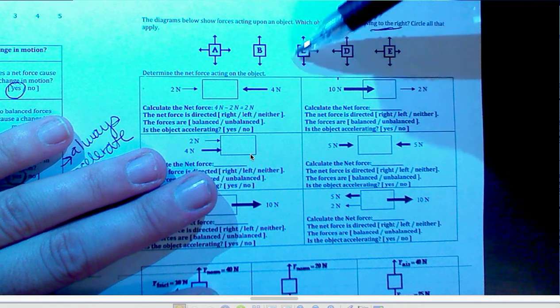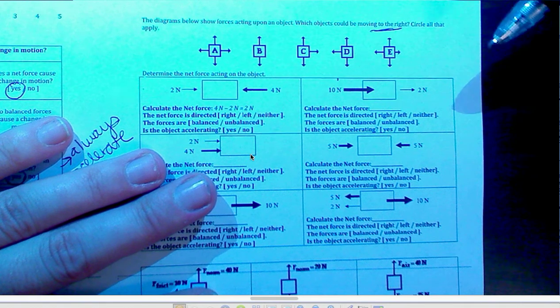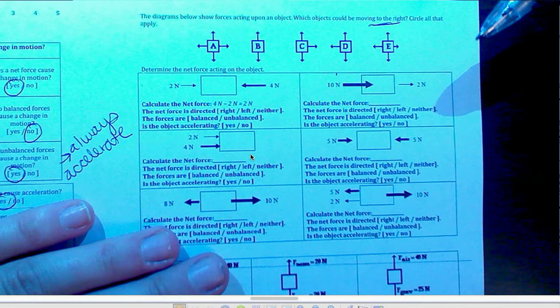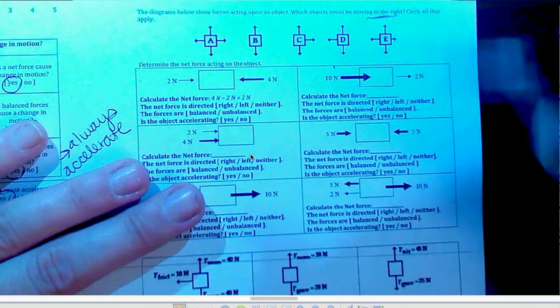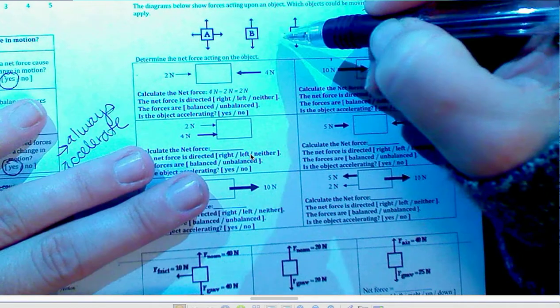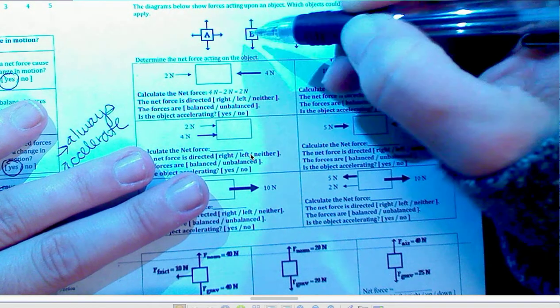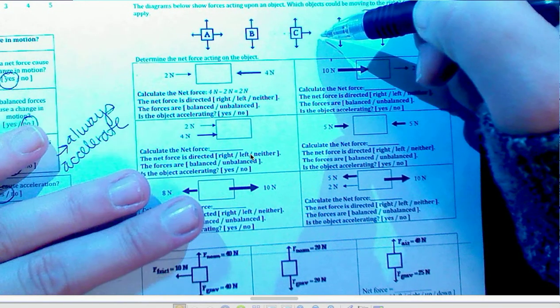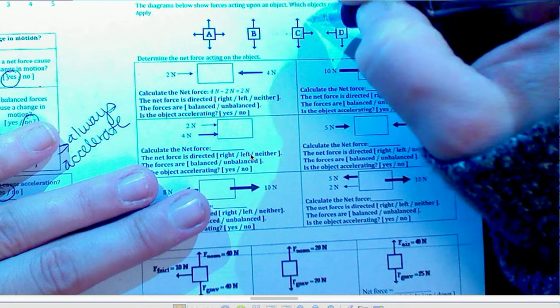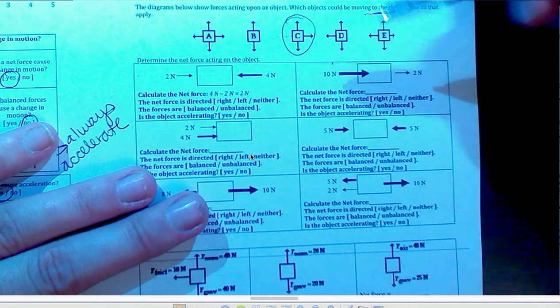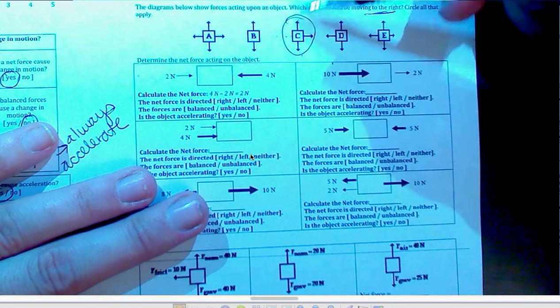Here we have a force that's moving to the right, but all of our arrows are equal length, so it's not going to move. Oh, actually it is going to move to the right, because, excuse me, I'm sorry, it doesn't have another force balancing it horizontally, so this one will move to the right.